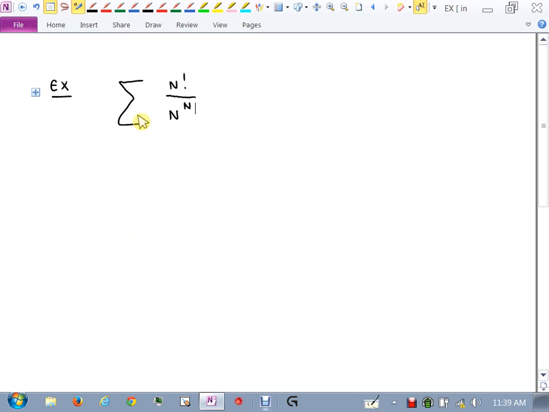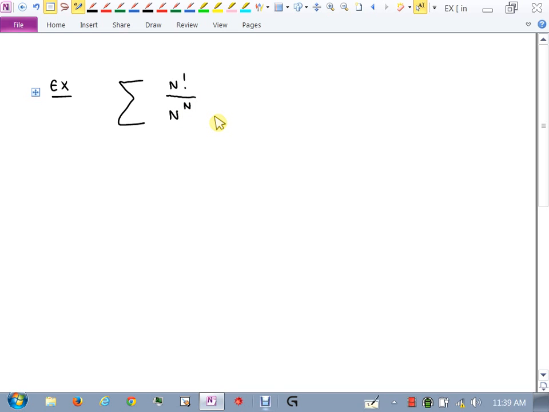You just look at the sequence inside the series and ask what happens as n goes to infinity. What happens to n factorial as n goes to infinity? It gets huge, so that's infinity on top. N to the n, infinity to the infinity, gets huge, so you have infinity over infinity.